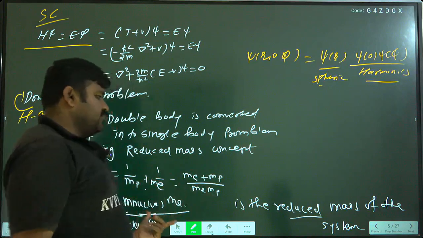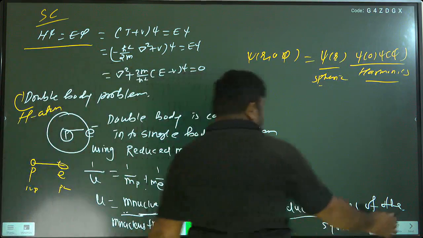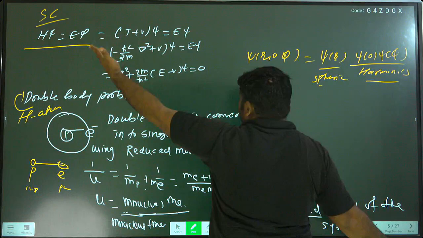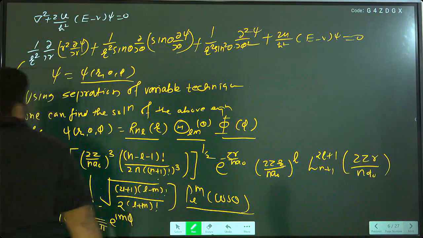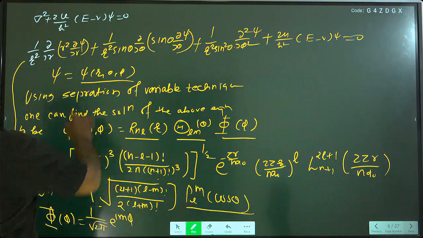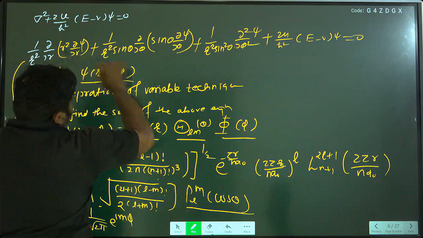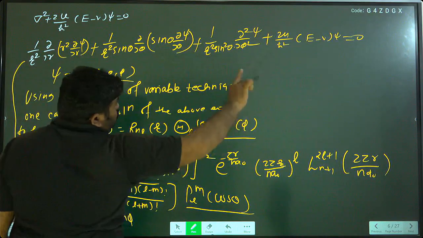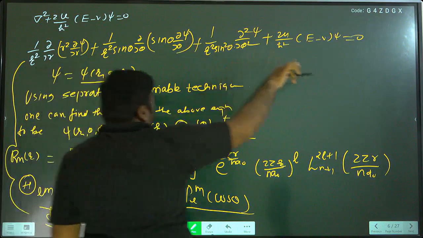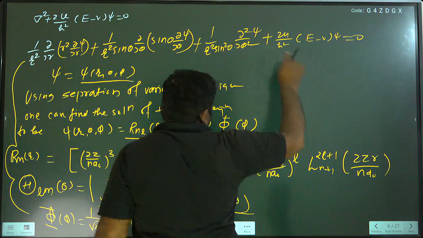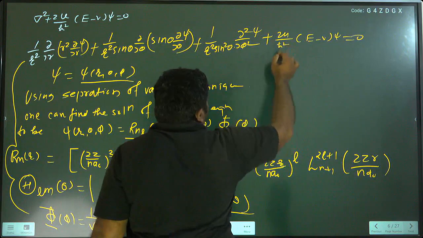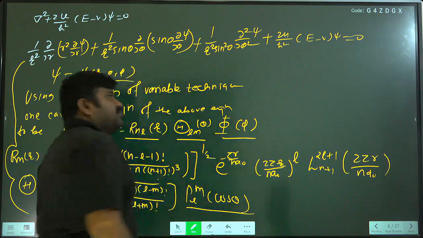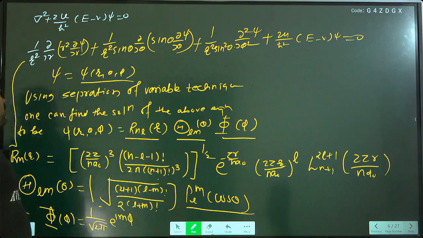Therefore it is better to solve this Schrödinger equation. You understand: 1 upon r square d/dr of r square dψ/dr, and 2m, where m is for only one particle, but here it is a two body problem, so m is replaced by μ: 2μ upon h cross square (E minus V) ψ equals 0.